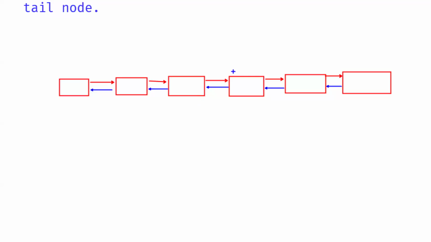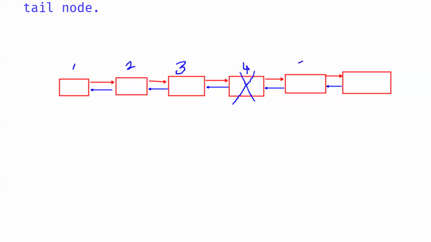What happens while removing it? Removal is very easy and fast in a linked list, because it simply changes the pointers. For example, there are six nodes and I want to remove the fourth node.